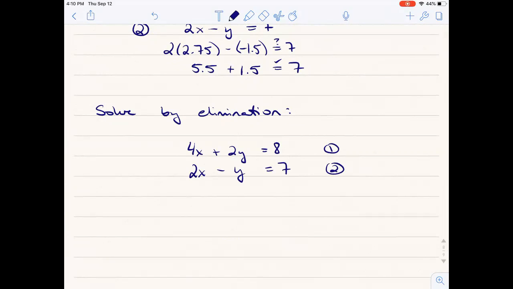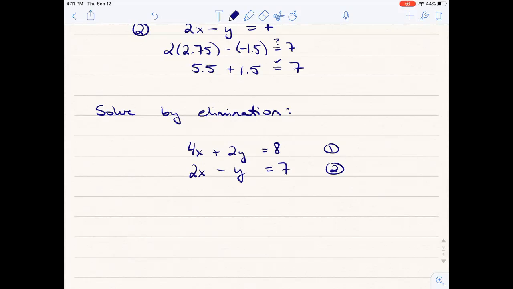Changing gears a little bit, see if you like this one better. We said we're going to take a multiple of one of the equations and then add or subtract our two equations to try to eliminate one of the variables. I'd feel like I was cheating if I said I want to do the y's, so I'm going to ignore those, but that's probably the easiest thing.